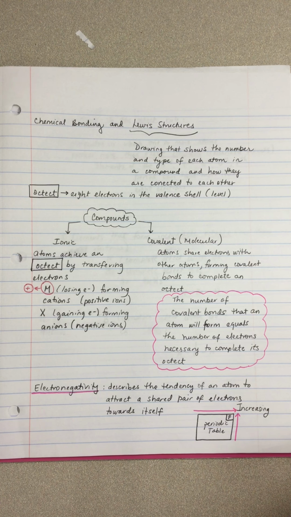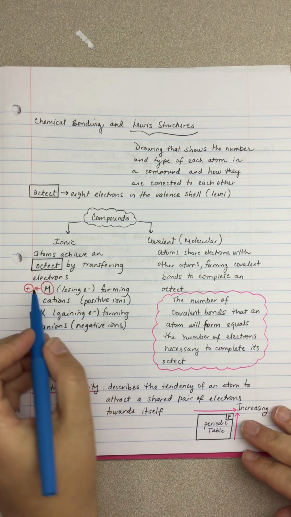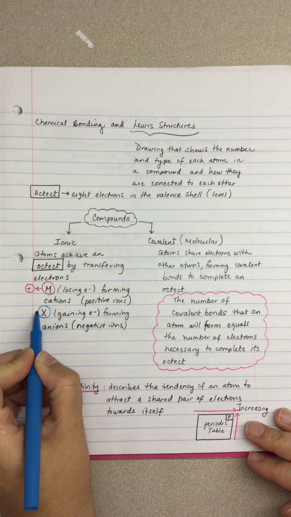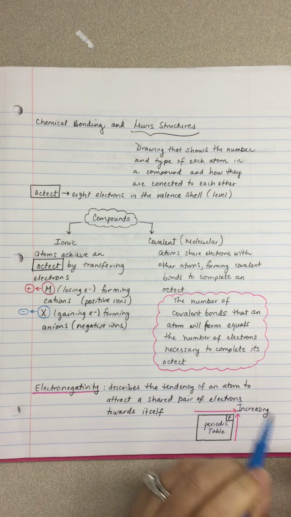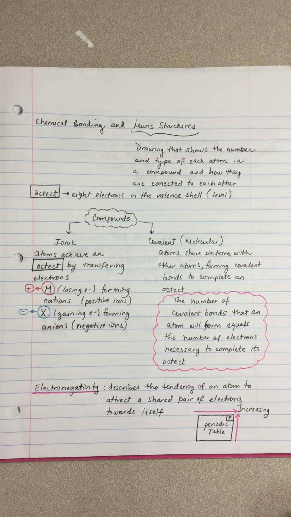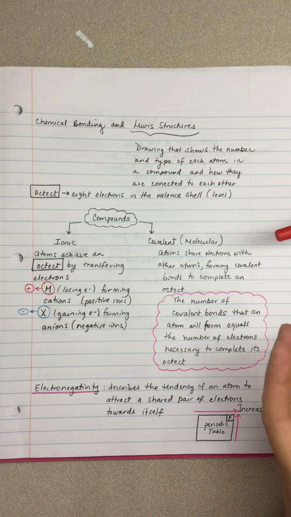Your metal can form an ionic bond with a non-metal or with a negative polyatomic ion. But everything else that I'm going to be doing today is about covalent compounds.